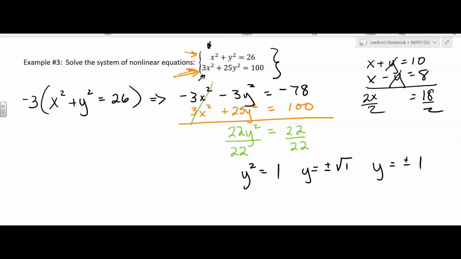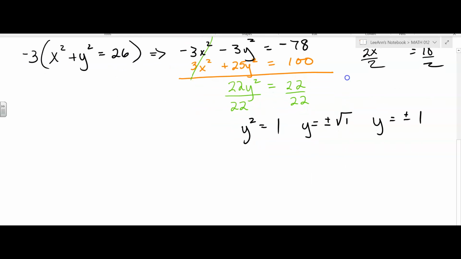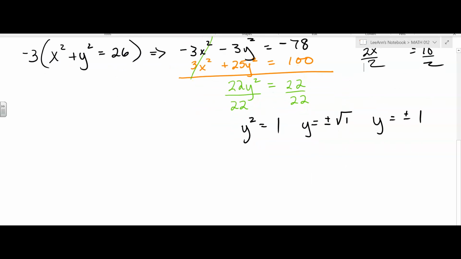Now you have to find x, okay? So it's probably easiest to use the top equation. You can use the other equation if you want to, but it's probably easier to use the top equation. I also have it written right here. So what I'm going to do is take the positive 1 first. So I get x squared plus 1 squared equals 26.